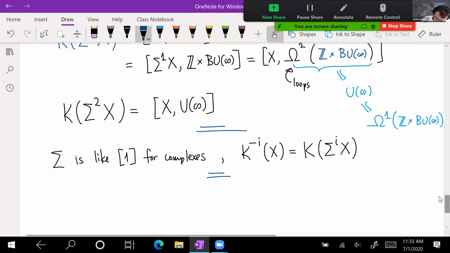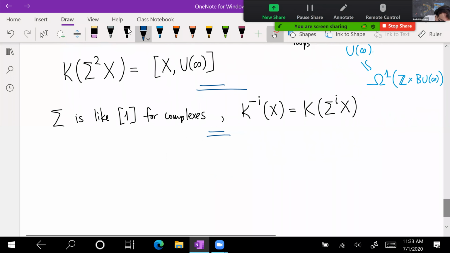And so then if we compute, let's take minus 2 of elliptic homology of X. We're asking what is going to be the Bott periodicity in elliptic homology.